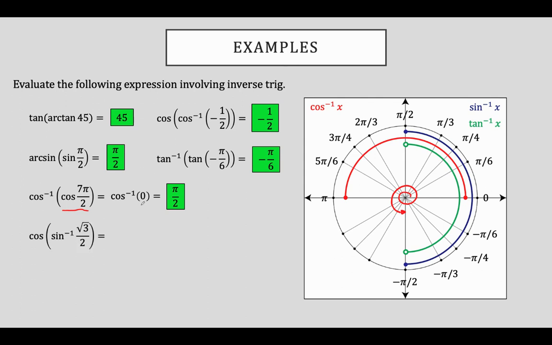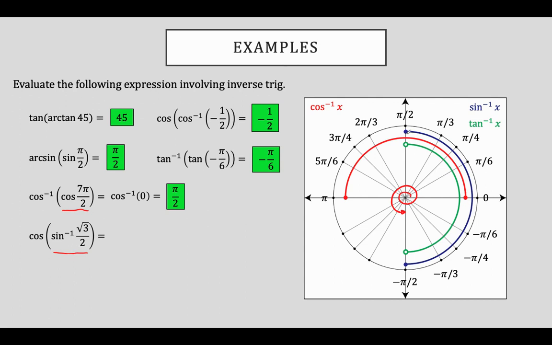Let's try another one. Cosine of the inverse sine of root 3 over 2. Now, not inverse operations here, so we can't just cancel them out. But again, we can use order of operations and work from the inside out. The inverse sine of root 3 over 2. This is the angle that has a sine value of root 3 over 2.